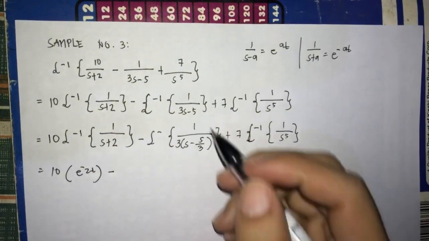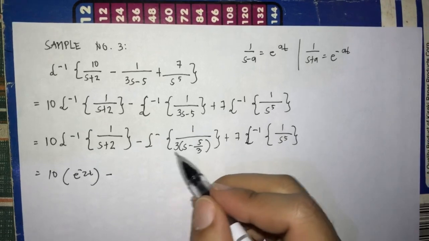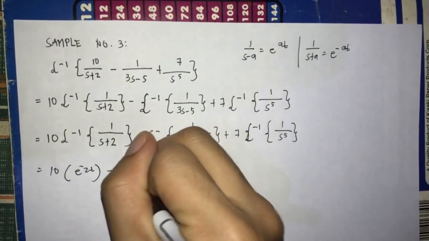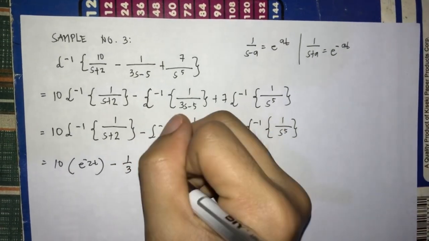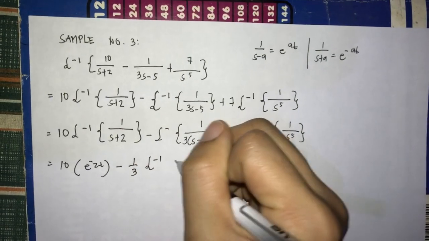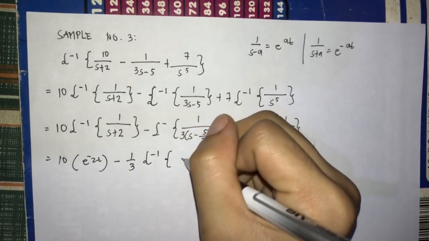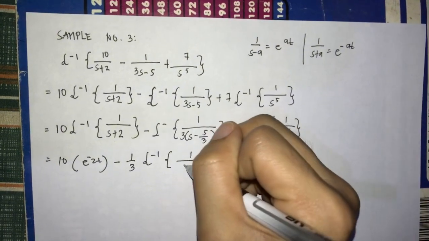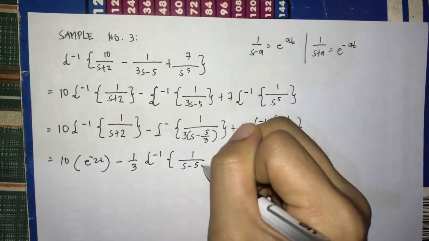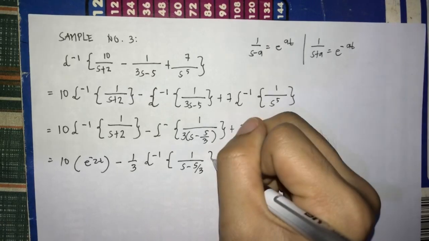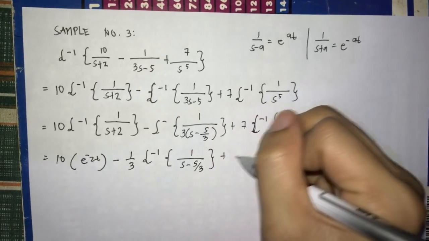So minus 1/3 times the inverse Laplace of 1 over s minus 5 over 3, plus 7.